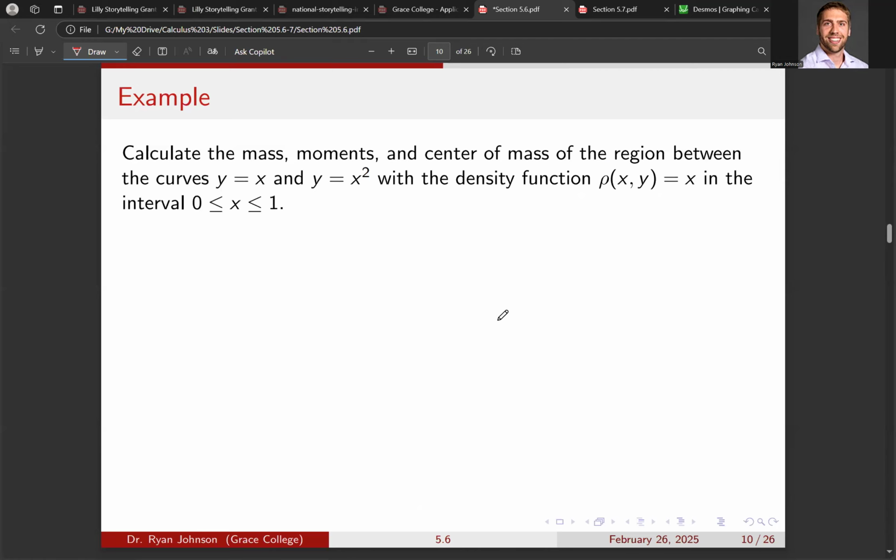I want to find the region between the curves y equals x and y equals x squared with a density function of x in the interval 0 to 1. So draw the shape, draw the region, find the mass, find the moment around the x-axis and the moment around the y-axis, find the center of mass.